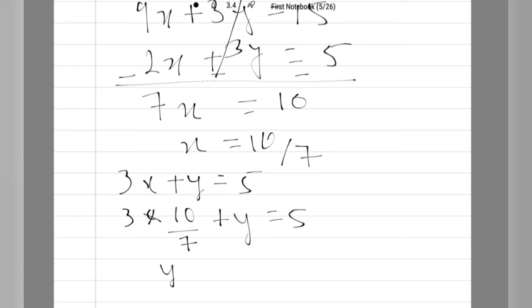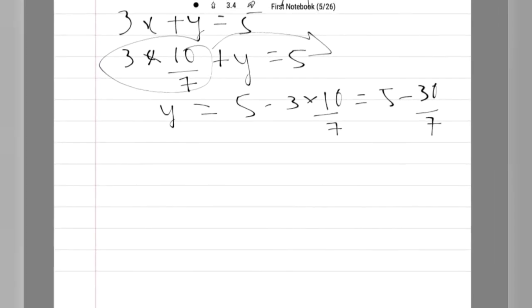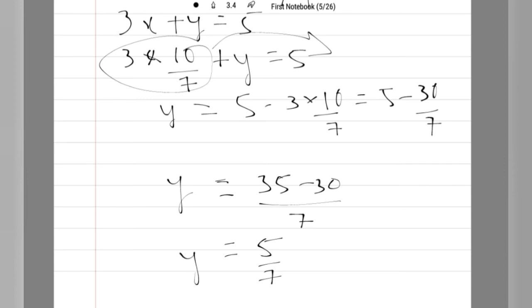So y is equal to, taking this term to the other side, 5 minus 3 into 10 by 7, which is 5 minus 30 by 7. Again we need to take the LCM. So we get y is equal to 35 minus 30 by 7, which is 5 by 7.